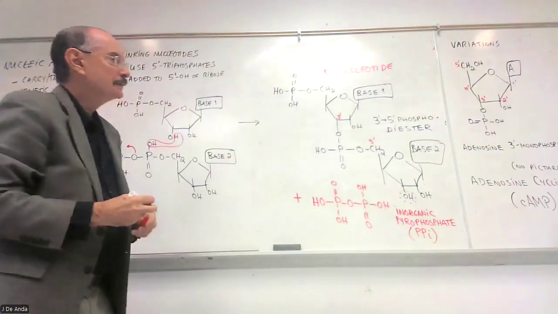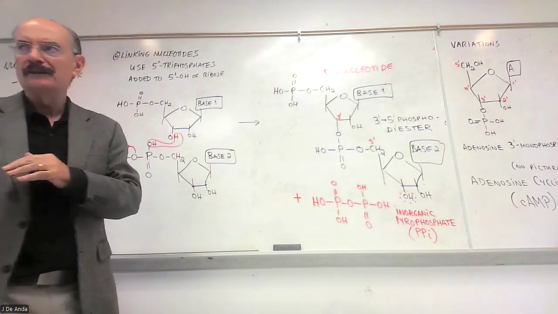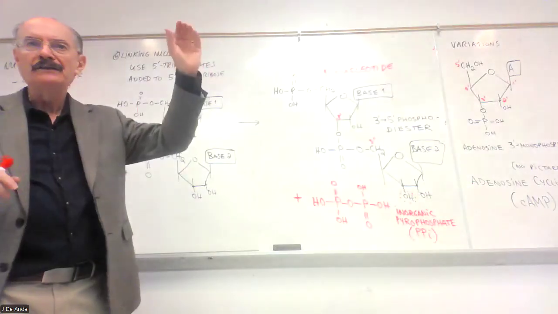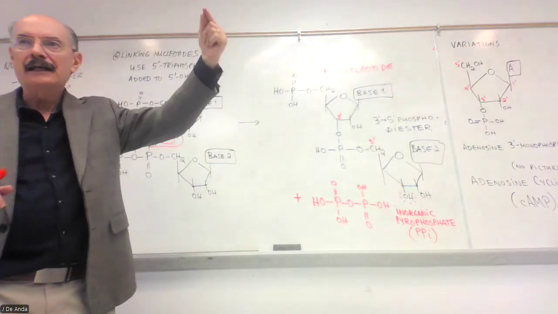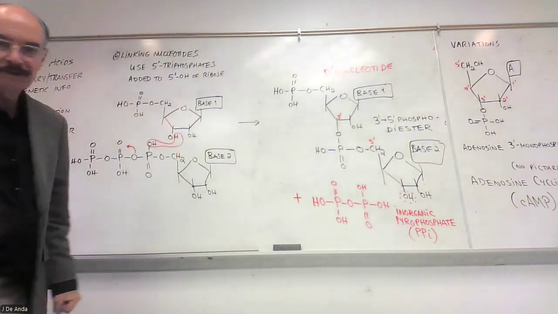So it's saying the same kind of pattern. The good thing is a lot of the language stays the same, you just change the ending. It's always mono, oligo, poly, and you can add saccharide, nucleotide, or peptide to those.